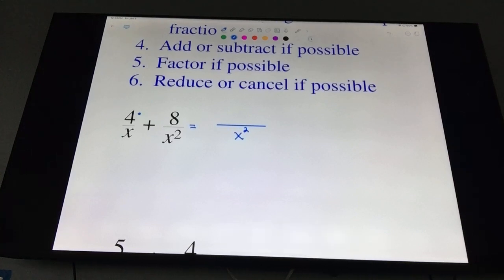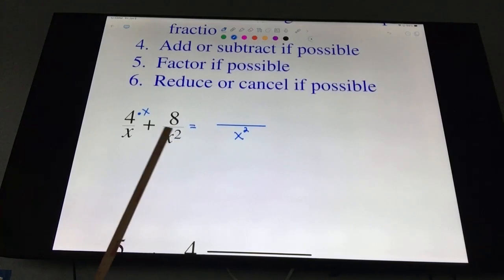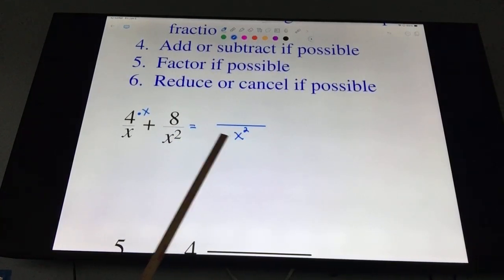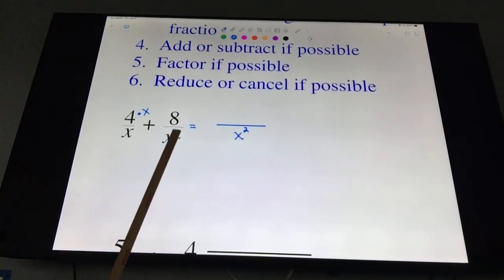So I'm going to multiply by x. Whatever has to be multiplied by gets written up with the numerator. This denominator, x squared, looks exactly like that denominator, x squared, so that one doesn't have to be multiplied by anything.